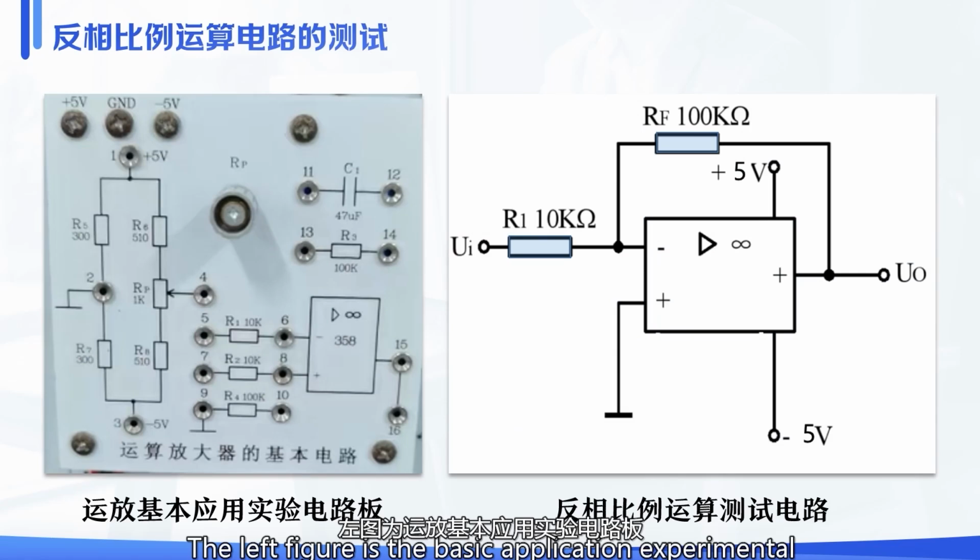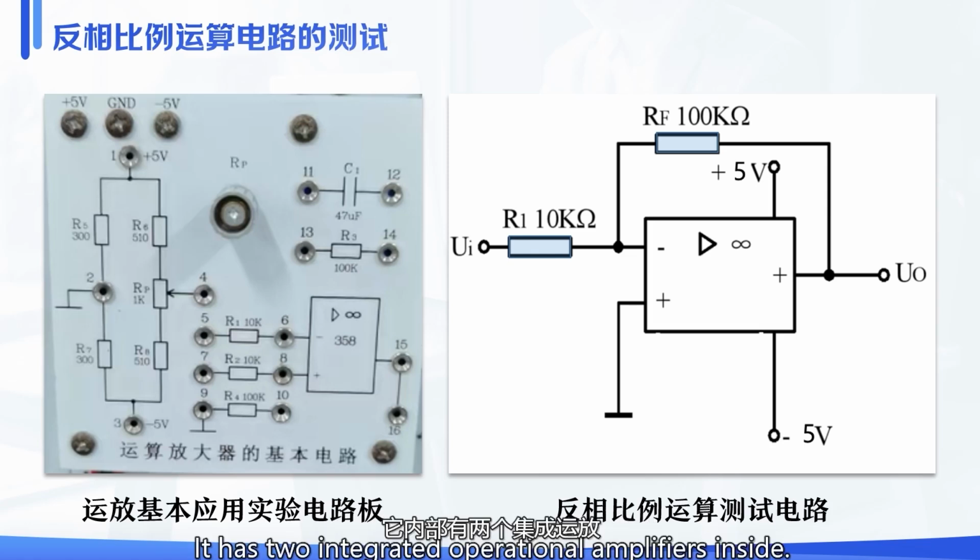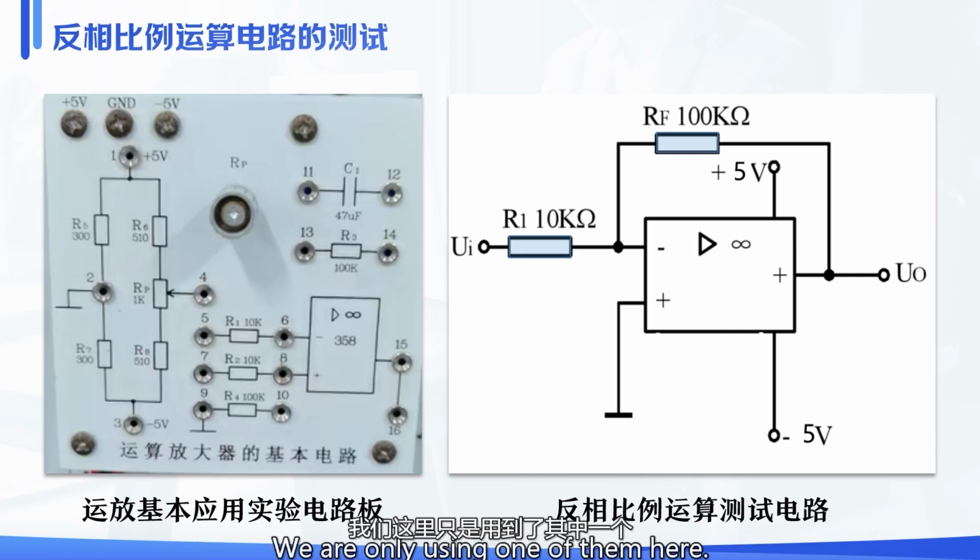The left figure is the basic application experimental circuit board for operational amplifiers. The integrated operational amplifier used here is the LM358 chip. It has two integrated operational amplifiers inside. We are only using one of them here.